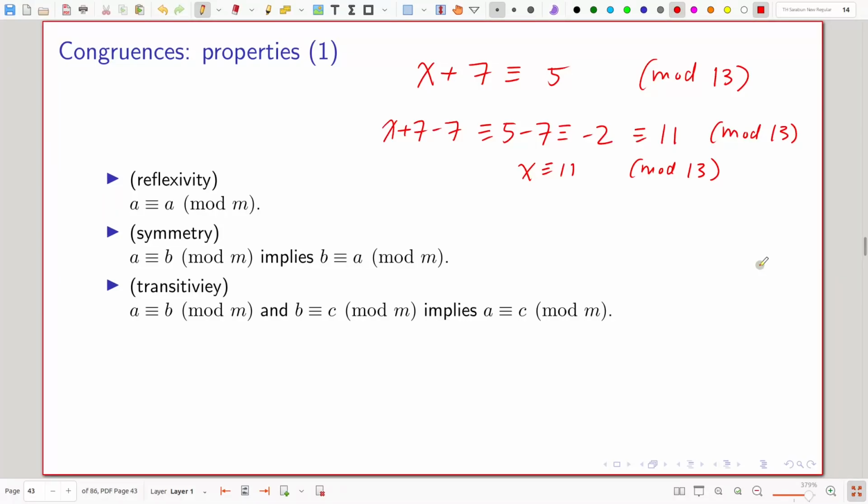So x can be, I don't know, 24. It can be minus 2. x can be many things. But if it's 11 mod 13, and you add 7 to it, you get 5 mod 13. So you can pretty much solve the equation.